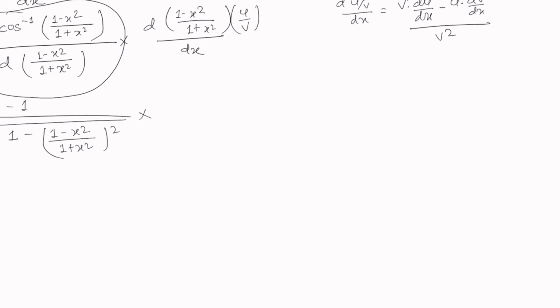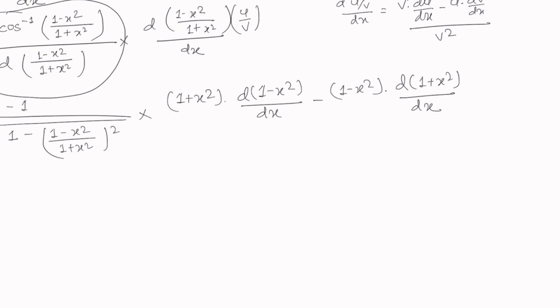In place of v we have 1 plus x square, so it is going to multiply 1 plus x square times du. In place of u we have 1 minus x square times dx, minus u, meaning 1 minus x square, times d of (1 plus x square) upon dx, upon v square. In place of v we have (1 plus x square) whole square.